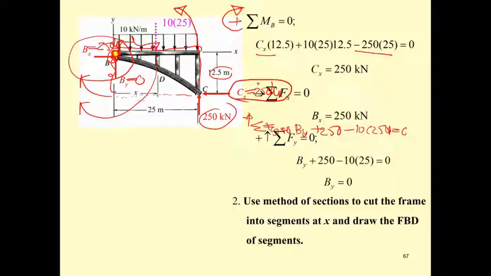Okay, next we will use the method of sections to cut the frame into a section at what? At the point D, as they like to say. At this point D, we have the horizontal x, and we have the vertical y as defined by the parabolic arch.